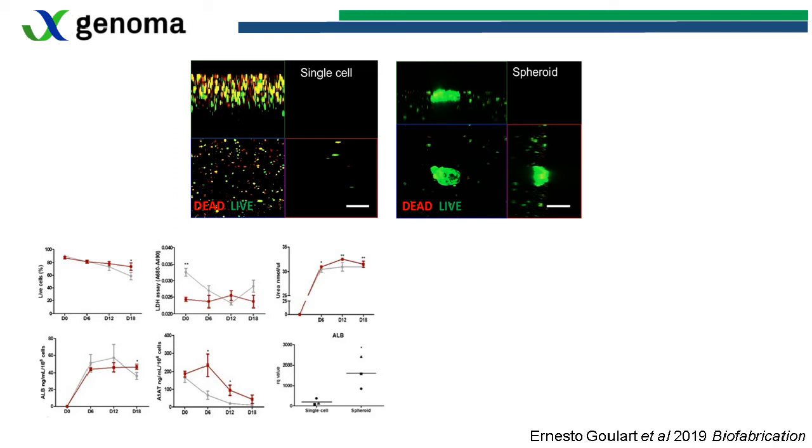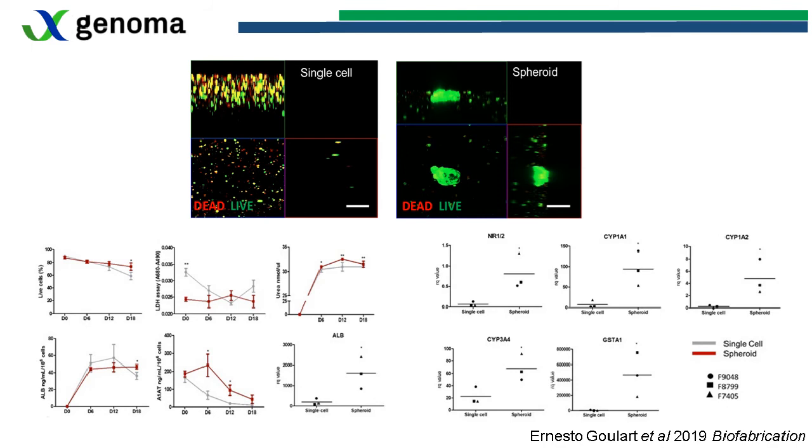Important liver functional markers such as albumin, which is secreted in the media, also alpha-1 antitrypsin and other markers are significantly more expressed and secreted in the spheroid group as compared to the single cell group.